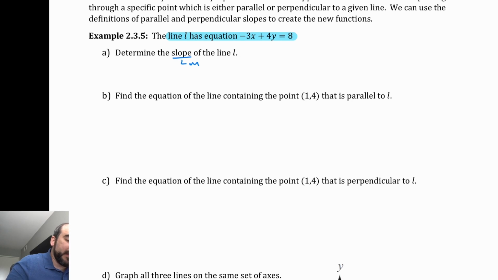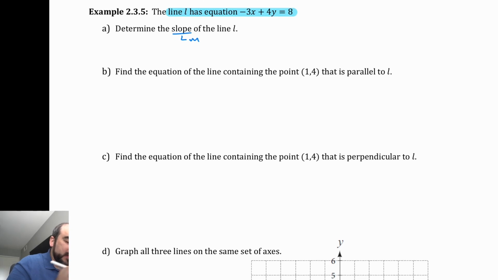And then once you find the slope, we can do a few things with that slope. For example, part B says find an equation of the line containing the point 1 comma 4 that is parallel to L. This is asking you to find the equation of a new line. So this is line L. We're writing the equation of a new line that's parallel to the old line L and passes through the point 1 comma 4.